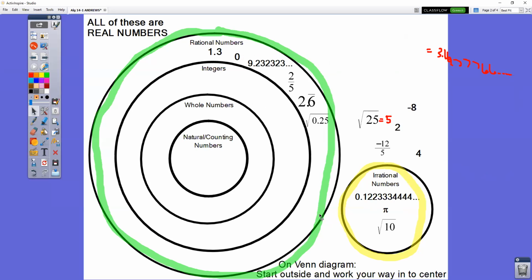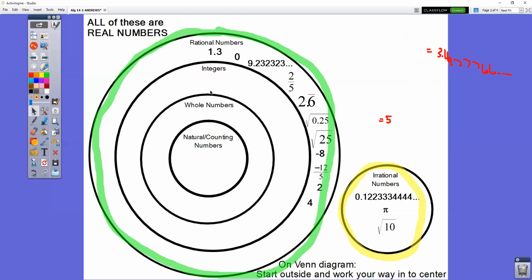Let me just type it in real quick because I need to know what that is. So the square root of 0.25 is 0.5. All right, so this is just 0.5. Square root of 25 is rational, -8 is rational, any fraction is rational, 2 is obviously rational, and 4 is rational.